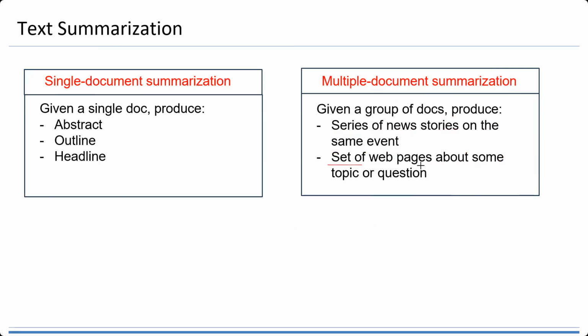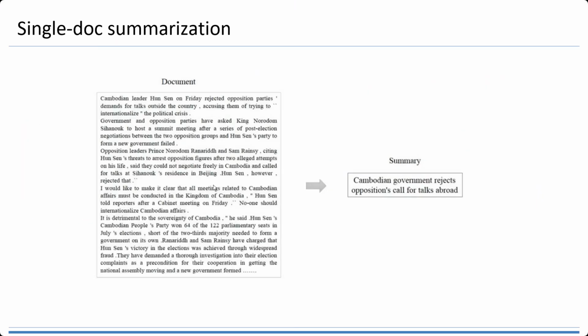It is the same with a set of web pages. There are several web pages and you want to know whether they give the same topic or have the same question or not. In single document summarization, you can see an example like this. We have a document.